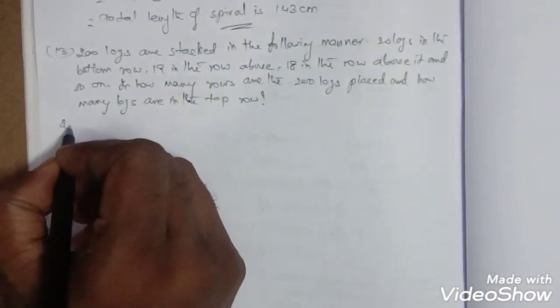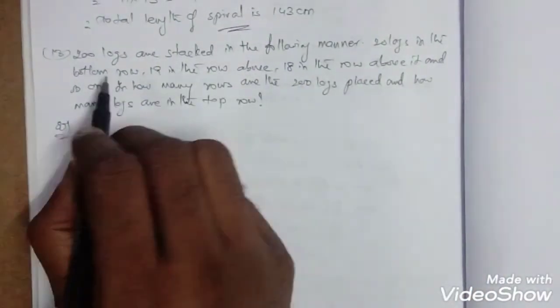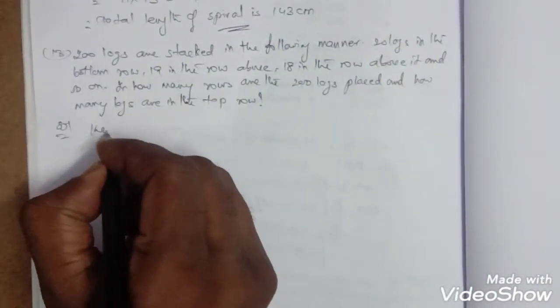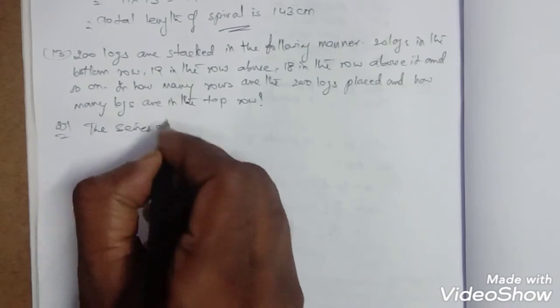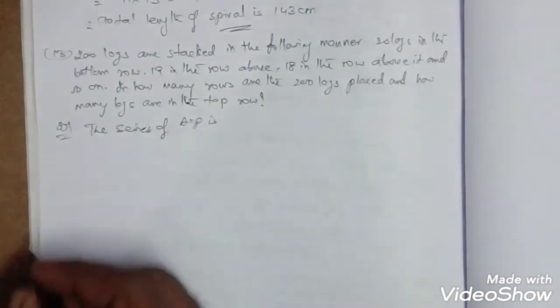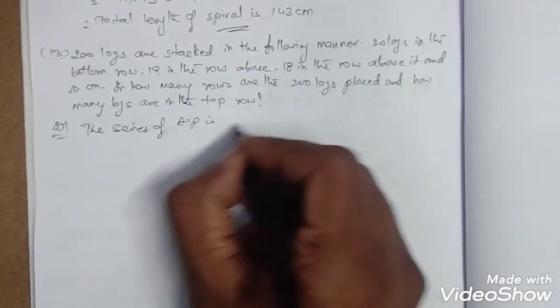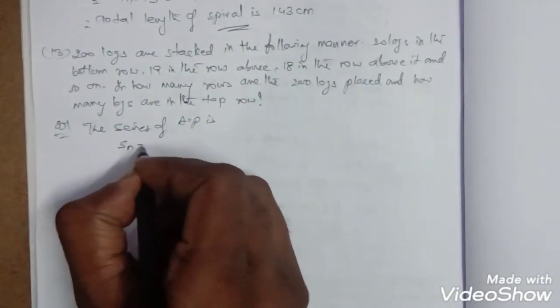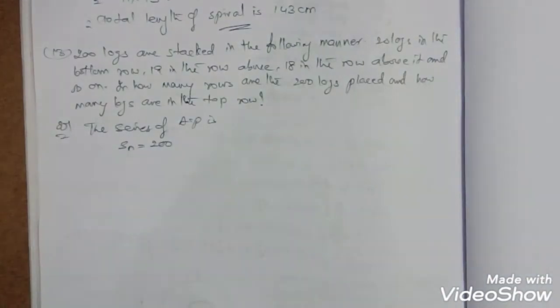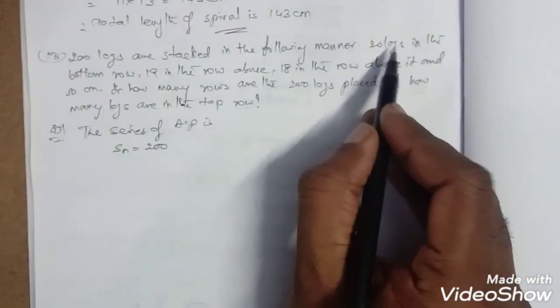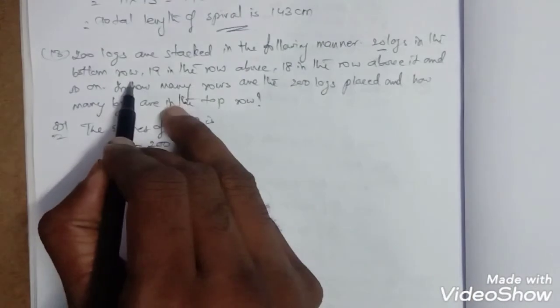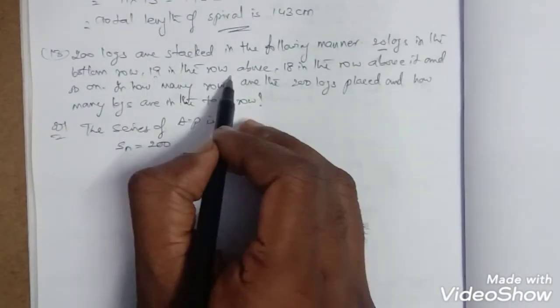So here, as per the problem, the series is an arithmetic progression. 200 logs are stacked, means here Sn is nothing but 200, right, means total logs are 200. So in that, 20 logs in the bottom row and 19 in the row above it.